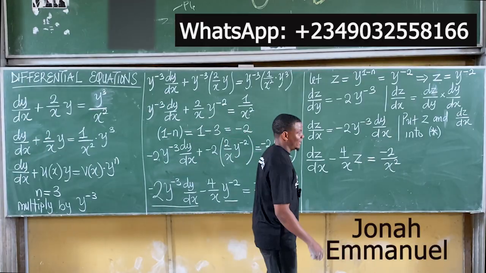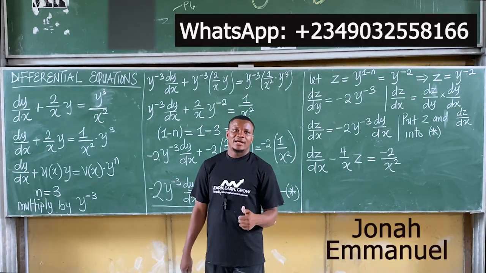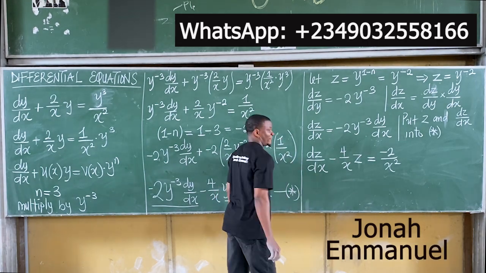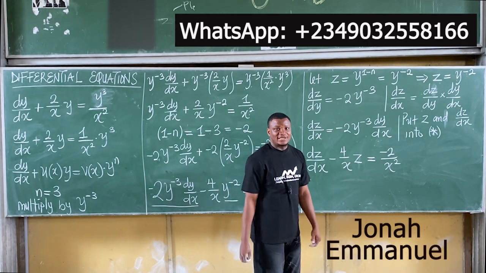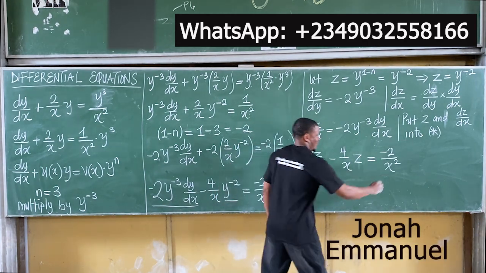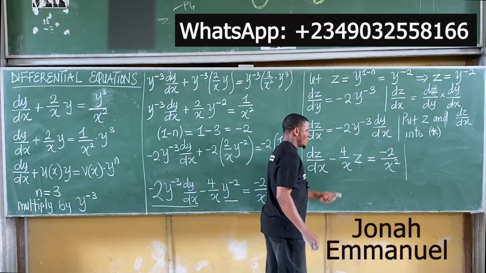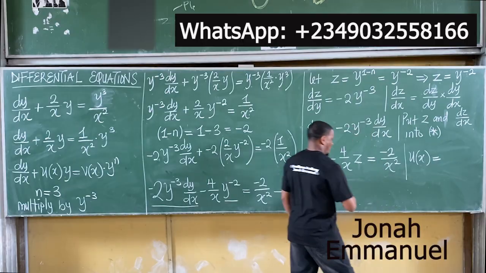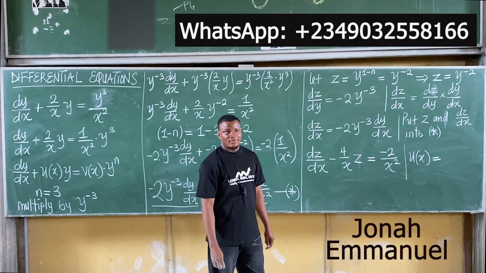How do you solve this stuff there? For this, the concept was to get an integrating factor. Before you get the integrating factor, what do we do? Get u of x, right? Let me just divide this because I'm trying to conserve space. From this point here, what's the value of u of x?